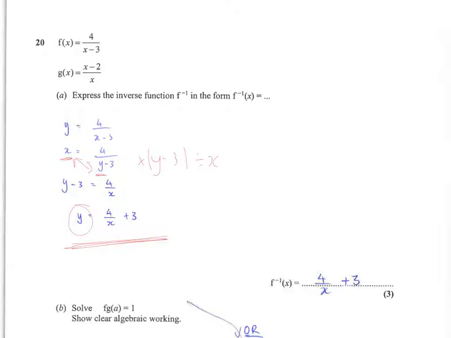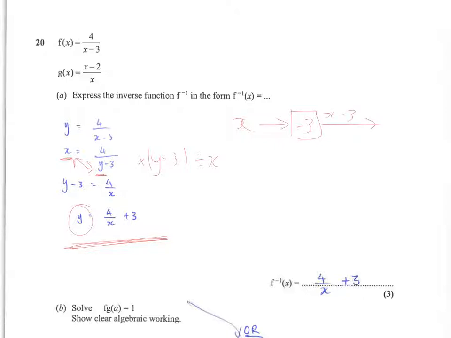Alternatively, you could think of it in terms of a flow diagram. So I take my input, x. I then take away 3, leaving me with x minus 3.